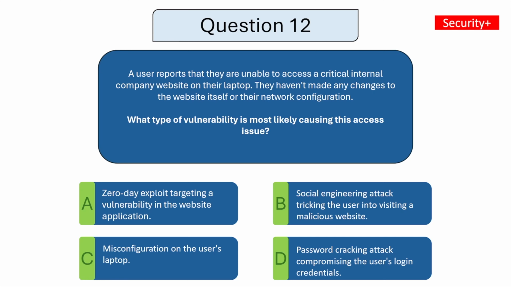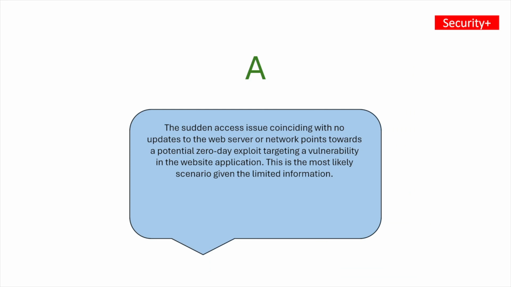Now, I could be wrong, but I guess we'll see. Oh, yep. The sudden access issue coinciding with no updates to the web server or network points towards a potential zero-day network targeting a vulnerability in the website application. This is the most likely scenario given the limited information. Limited information is correct, yep.